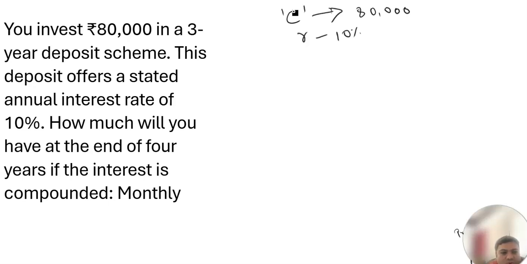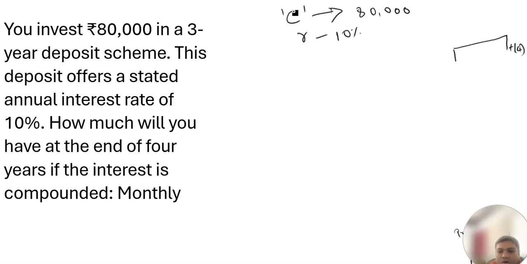If you see this problem, it says that you invest 80,000 in a 3-year deposit scheme. This deposit offers an annual interest rate of 10%. How much will you have at the end of the fourth year? If you draw the timeline, it asks what is the value of this investment at the end of the fourth year.